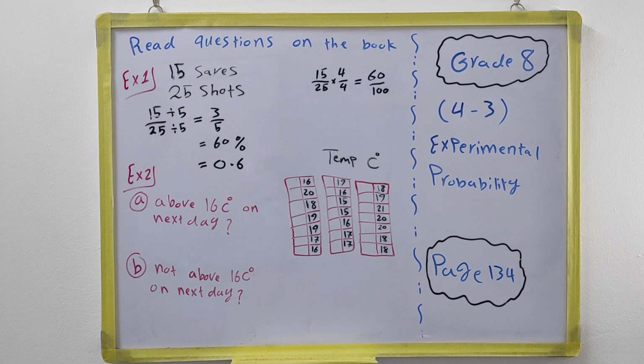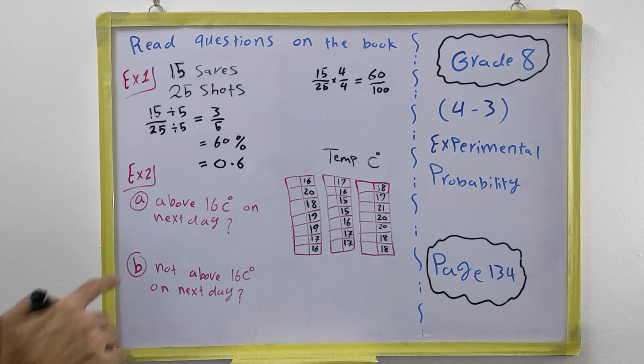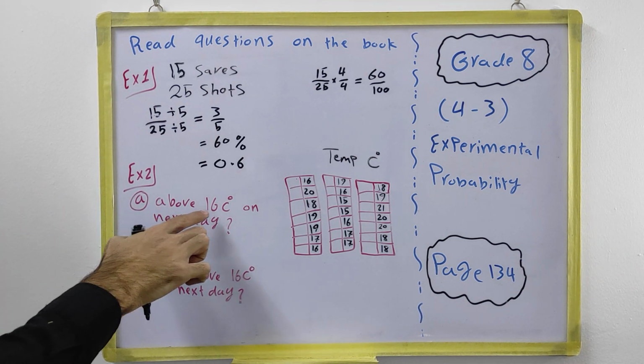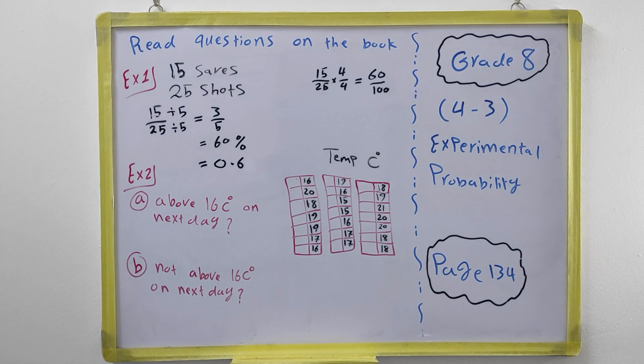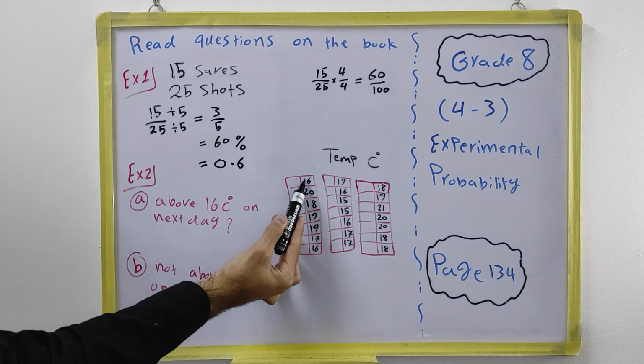Part A asks you what's the experimental probability that the temperature will be above 16 on the next day. Above 16 means more than 16, not 16 itself, greater than 16.